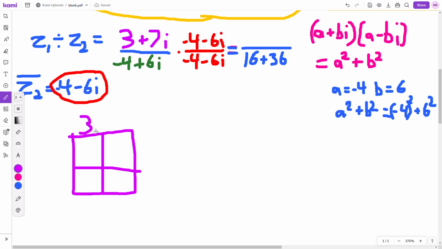So we have 3 plus 7i, and we have -4 minus 6i, which is just lovely.